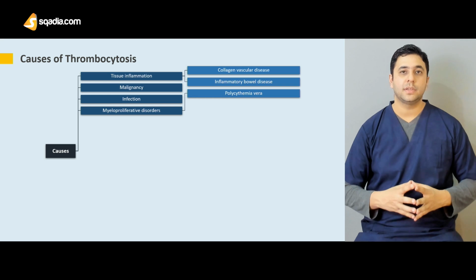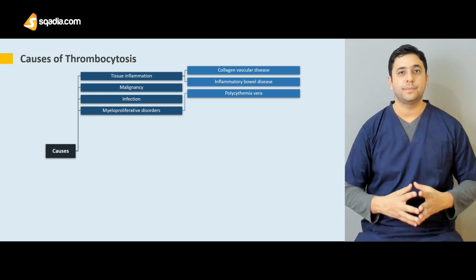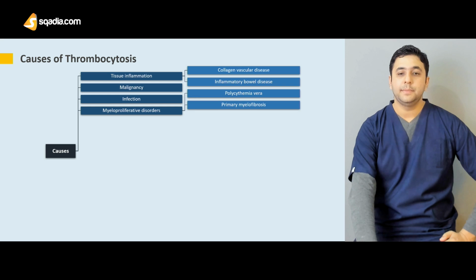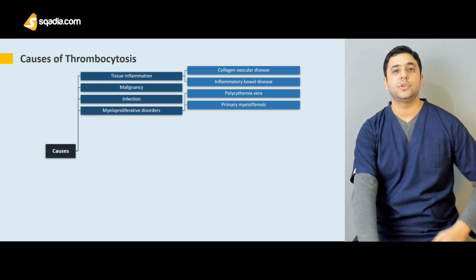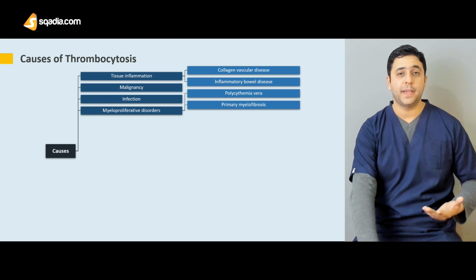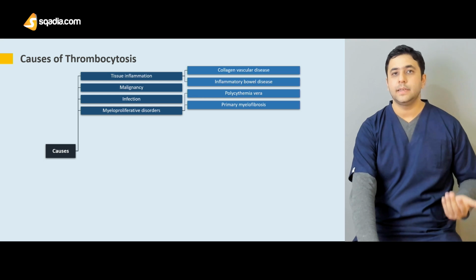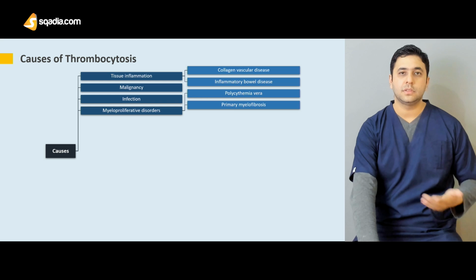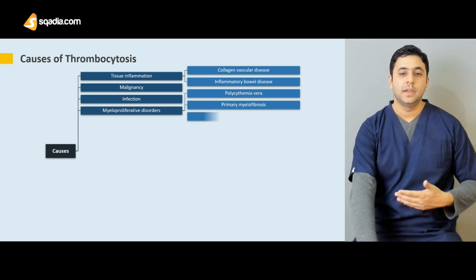Along with that, the WBC count is very largely increased, and there is also splenomegaly. Similarly, in primary myelofibrosis, as we discussed in the previous lecture, there will be a picture of a bone marrow exam which is filled with reticulin fibers, and there will also be a massive splenomegaly. The cell count is variable in the initial phases of primary myelofibrosis compared to the later phases.